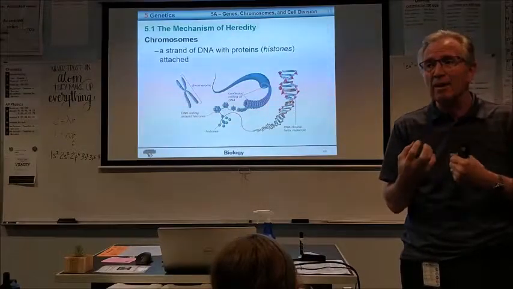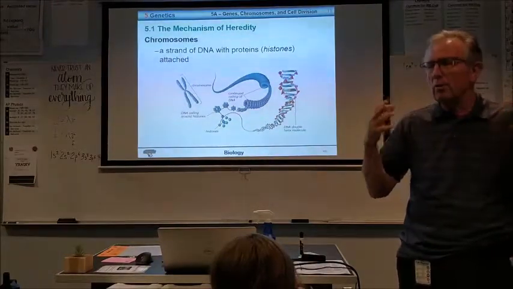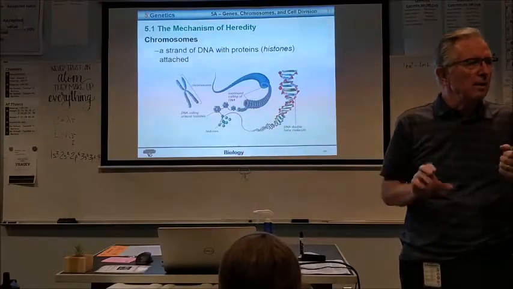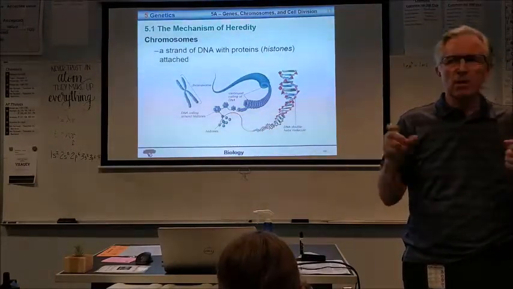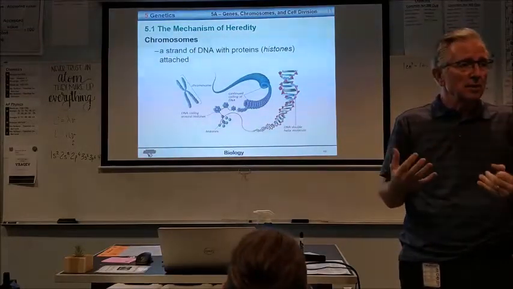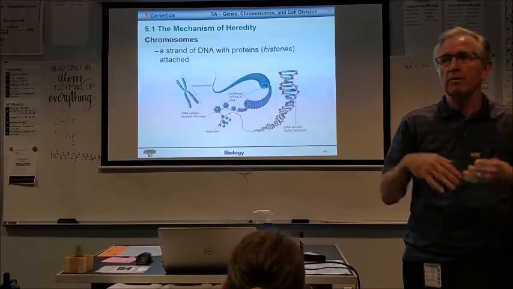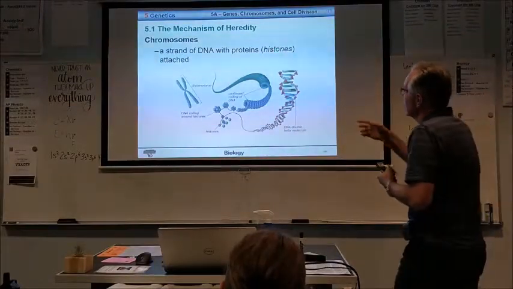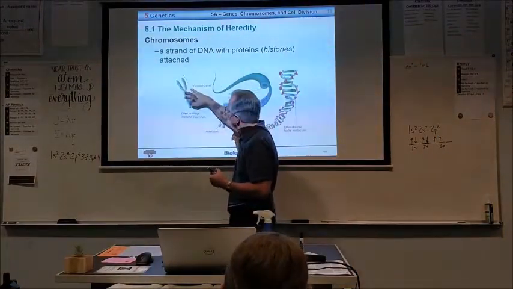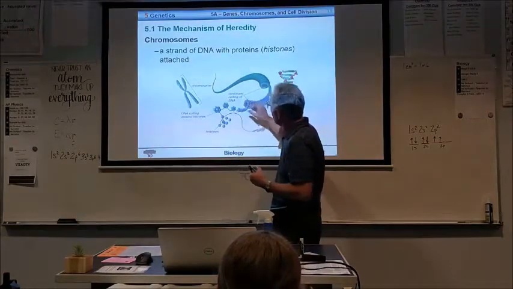Not because they're not there, but because in their normal state or normal activity, you can't see individual chromosomes. They only need to be individual like that when the cell is getting ready to divide, to make another copy of it. So this strand of DNA is what makes up the chromosome.